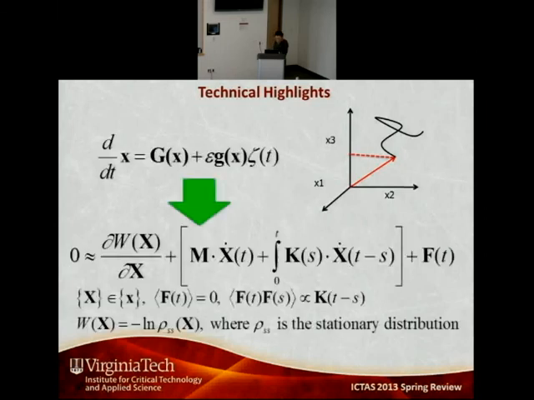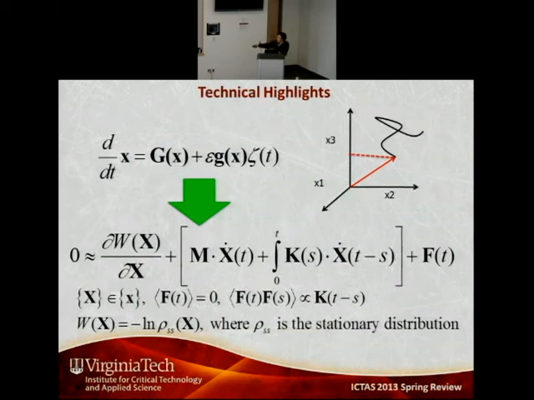Okay? The math is like this. We start from a stochastic differential equation, after a very tedious derivation that took me several years. Anyway, the end result is this. You have some resolved degrees of freedom, which are a subset of the full degrees of freedom.